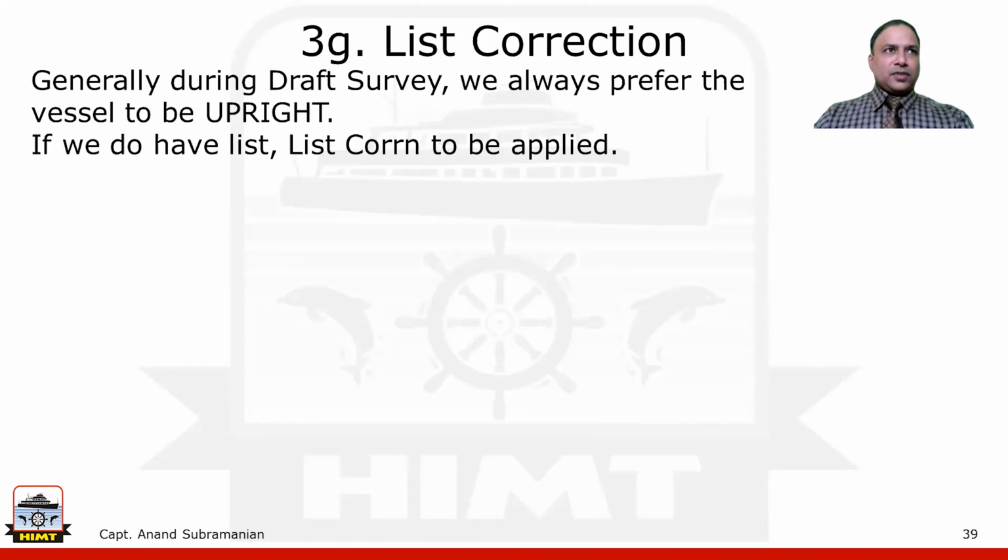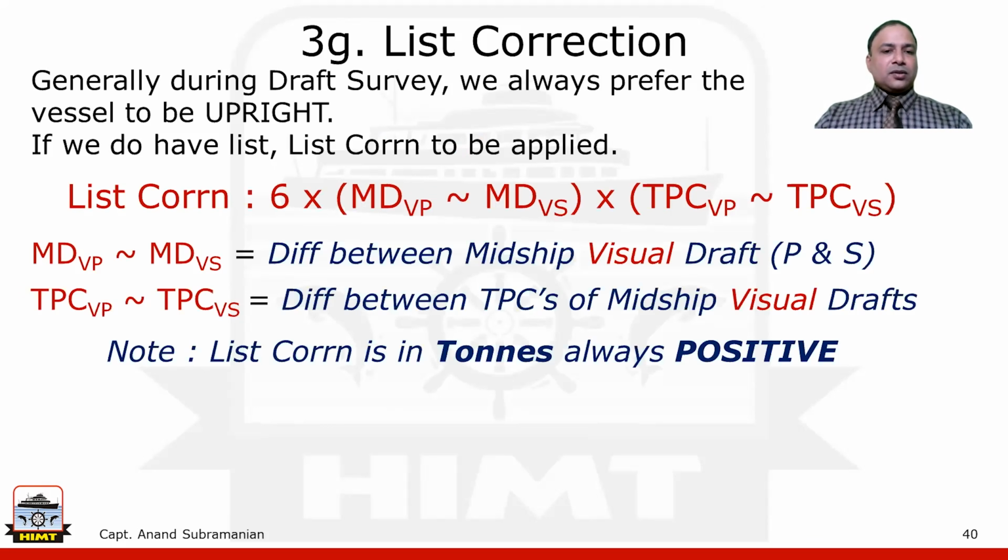Now, let me tell you beforehand: the first thing we ensure is that the ship is perfectly upright. If the ship is perfectly upright, then this list correction doesn't apply at all. However, in the numericals, if some list is given, then we have to apply this list correction. The list correction formula goes like this: it is 6 times the difference between the visual midship draft, port side, and the visual draft, starboard side midship, multiplied by the difference of TPC for the visual port and TPC for the visual starboard.